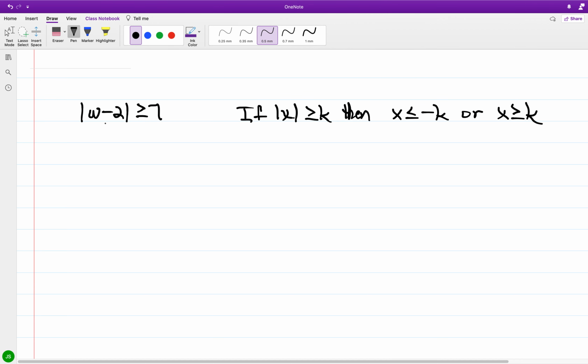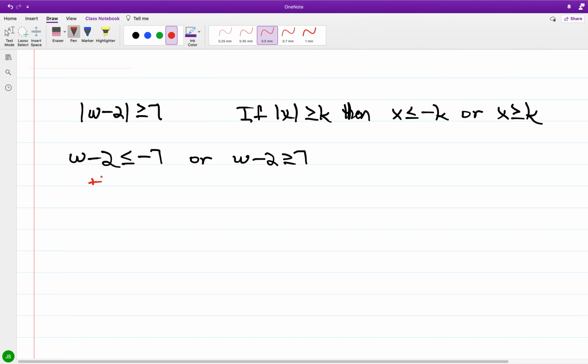Now we have x represented by w minus 2. So, taking the extremes, you have w minus 2 is less than or equal to negative 7, or w minus 2 is greater than or equal to 7.